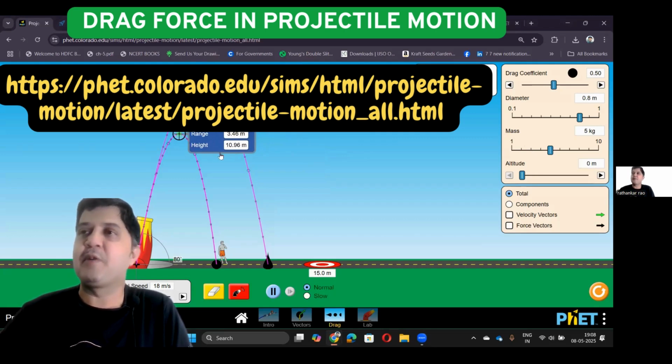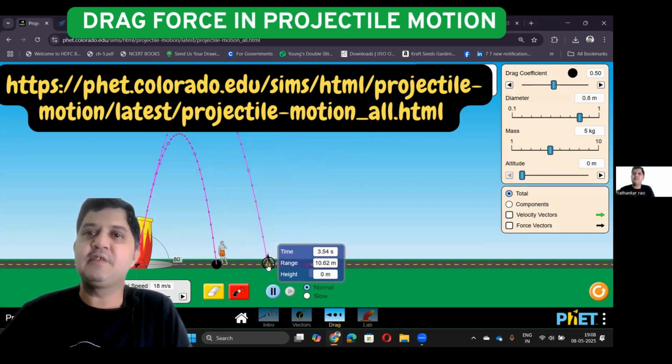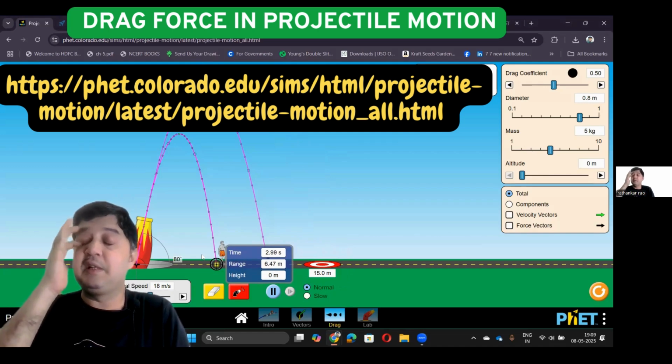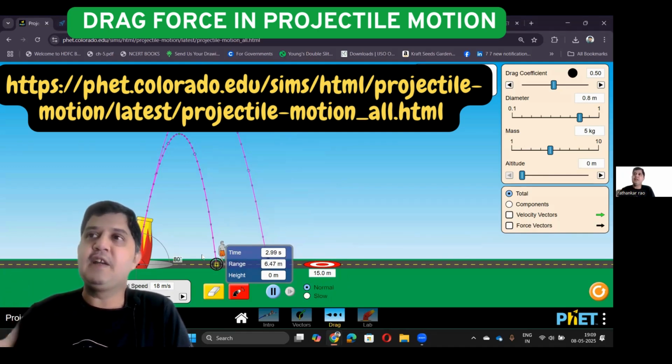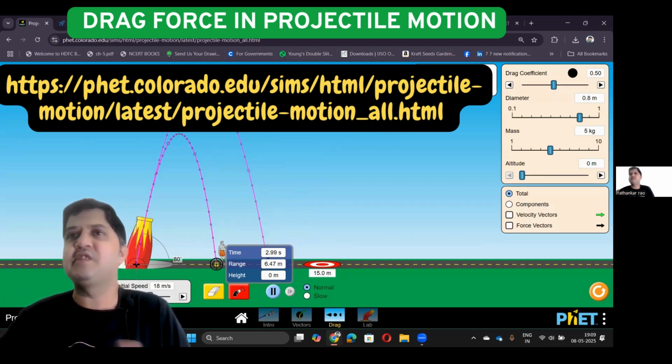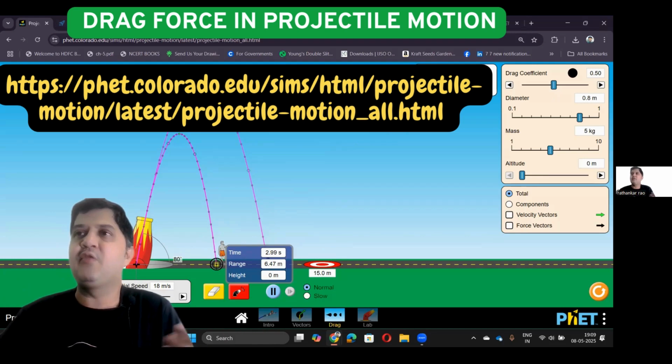The maximum height is 10.96, so it is not half of the height. Then the range here was 10.62 and here 6.47. Therefore, there is no linear correlation between the value of the drag coefficient and these values. With just a simple experiment we can get this value, or maybe you can ask your students to find a correlation between the drag coefficient and the different values of range.